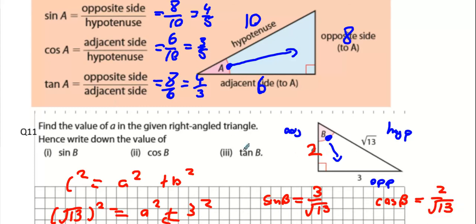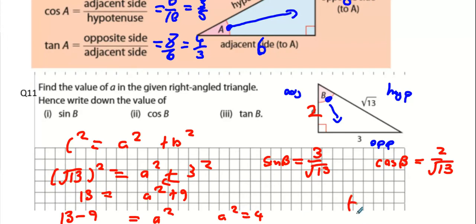And finally, tan B is going to be opposite over adjacent, which is 3 over 2. See the way we're talking about this angle here? We're talking about angle B. That's why the 3 is the opposite. Okay? That's question 11 done.